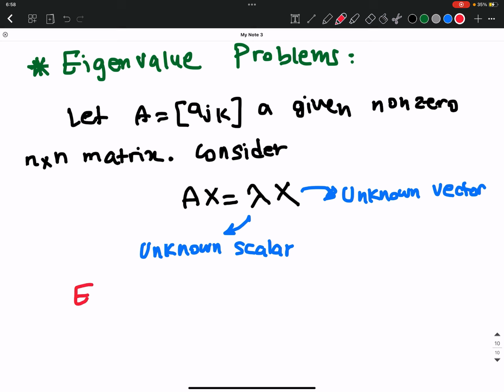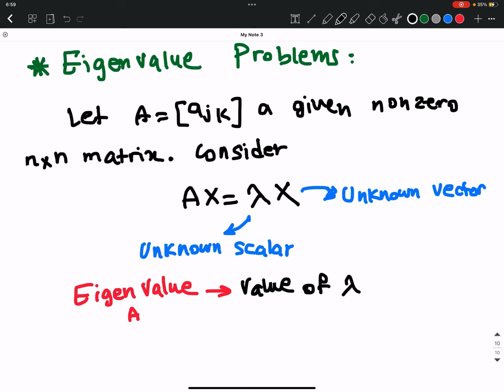So I define an eigenvalue of A as the value of lambda for a solution of non-zero x.